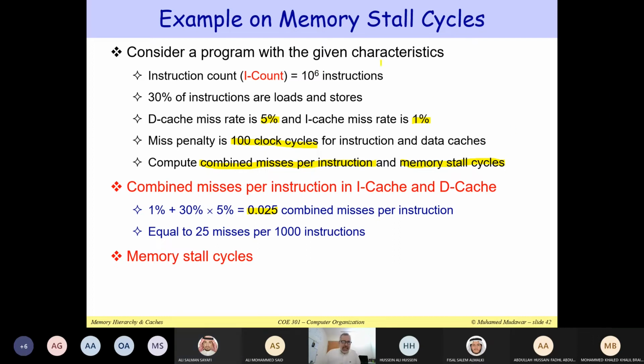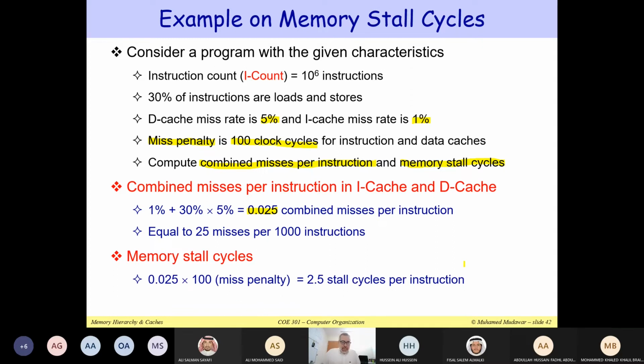Exactly. We have to look at the miss penalty, because every cache miss has a penalty. That's the importance of the miss penalty. When we miss, we are stalling the CPU according to the miss penalty. So don't forget about it. You have to understand these equations before you apply them.